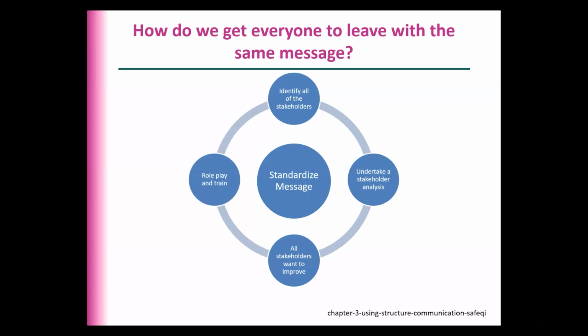In the last phase, which is role play and training, each stakeholder has a specific role to apply for improvement and gets the proper training to apply and establish the standardized communication. So that we will establish an effective communication.